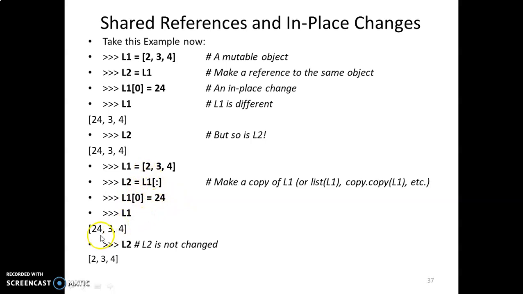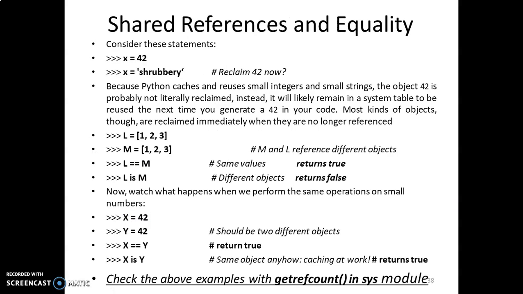If I print L1, it is this. If I print L2, then L2 remains unchanged, because L2 is not a reference, it's simply a copy of L1. When L1 changes, L2, which is simply a copy and not a reference, stays the same.